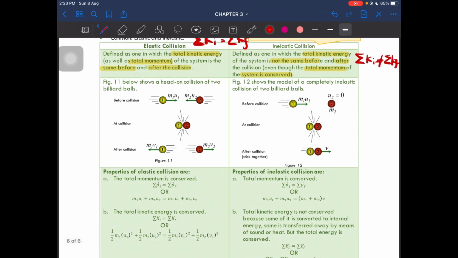Okay, so the figure below is showing us a head-on collision of two billiard balls. Theoretically, for elastic collision, after colliding, they should move in separate ways. And for inelastic collision, if a ball is hitting a stationary ball, the balls would move together with the same velocity.